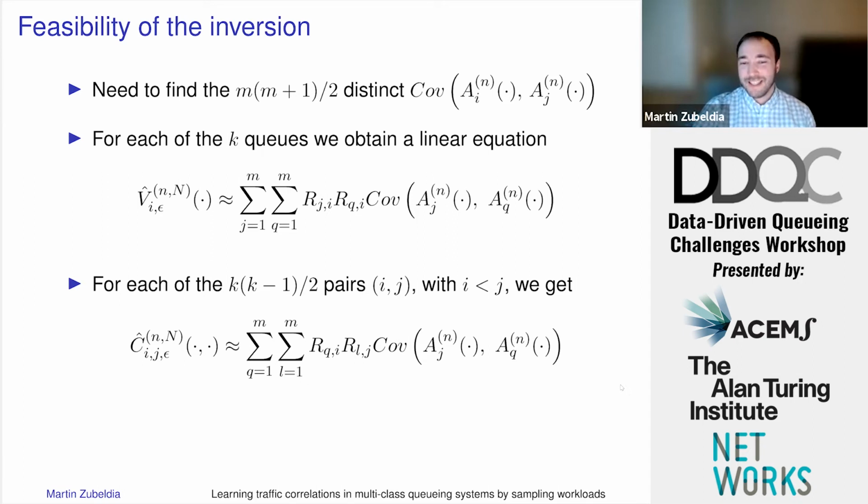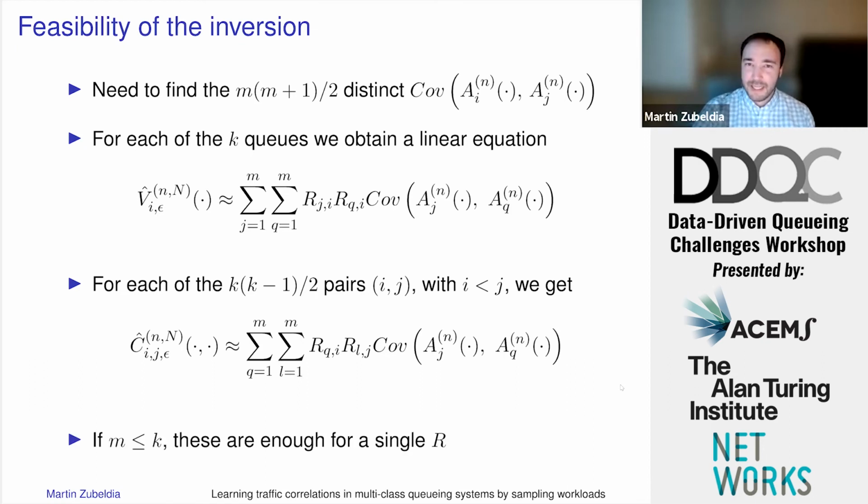So we essentially get, instead of just k equations, order k squared equations from just one time that we estimate the state Q length for one routing matrix R. So in particular, if m is less than k, that means if the number of different classes of traffic, different types of traffic, is less than or equal to the number of Qs, k, then we get enough equations to completely solve this linear system of equations for a single routing matrix.